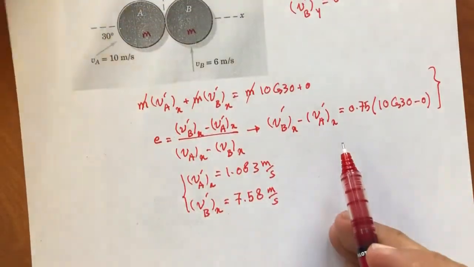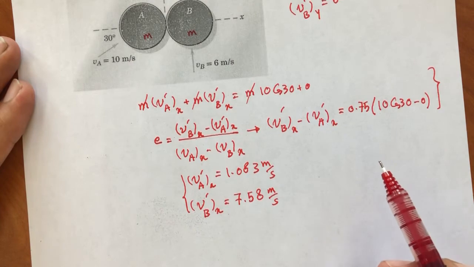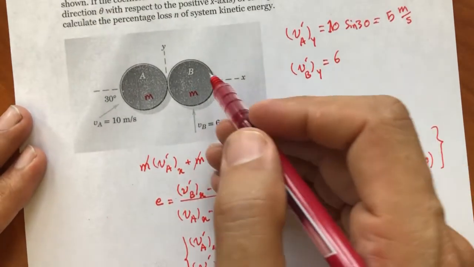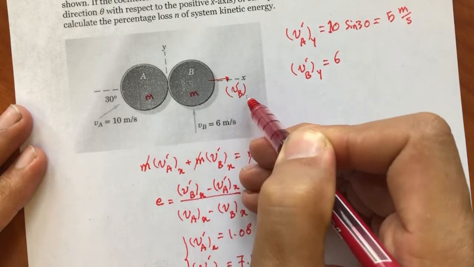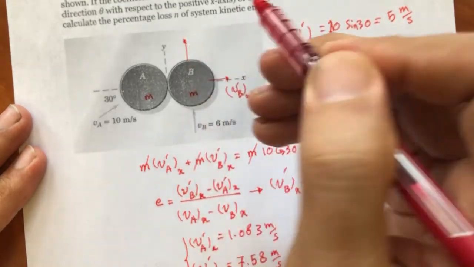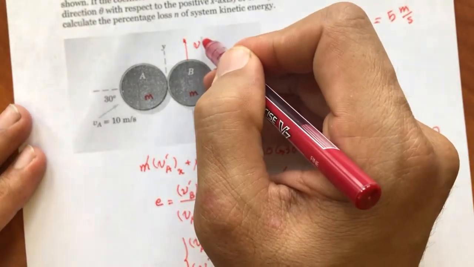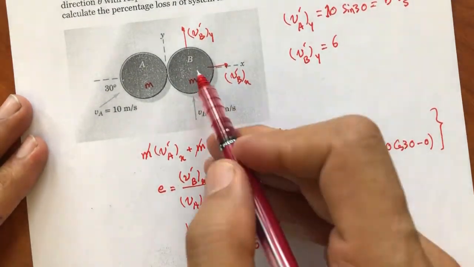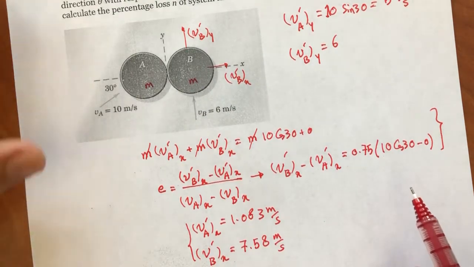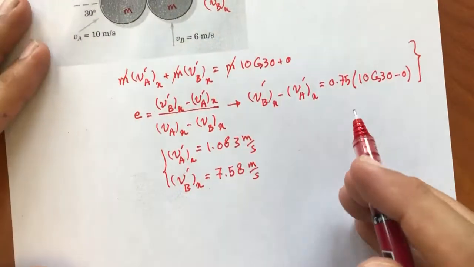And you can easily calculate the direction of them after impact, because for example for B, you know the velocity of B after impact in the x direction and the velocity of B in the y direction after impact. The combination of these two is going to be the velocity of B after impact.